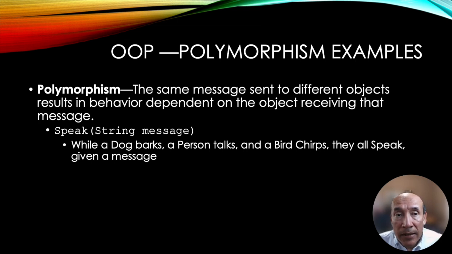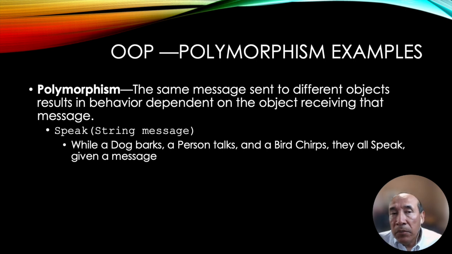Now, the classic example is fly, and then what do you do with the penguin? I don't want to get into that. It's kind of funny, not funny. But in OOP, if you define a contract, a method, a function that's called something kind of higher level, you've got to design this out. This doesn't just happen out of thin air. I know I'm looking at dogs and people and birds.